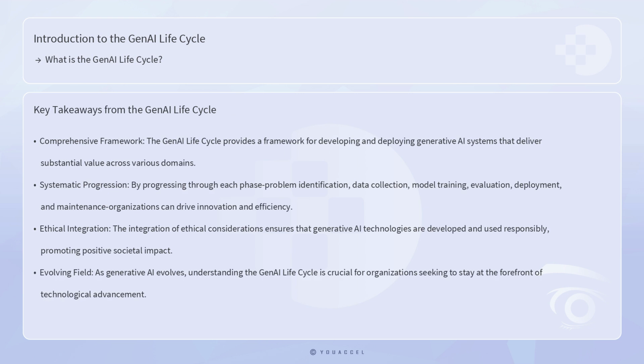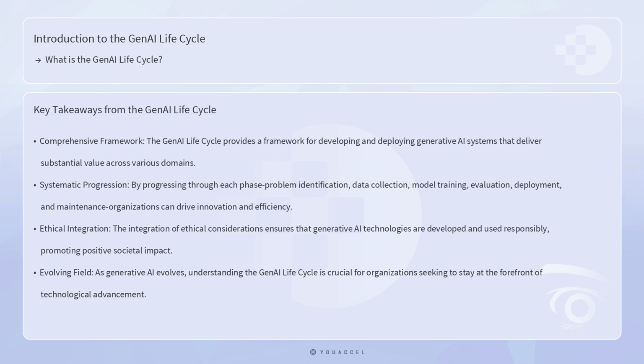In conclusion, the GenAI lifecycle provides a comprehensive framework for developing and deploying generative AI systems that deliver substantial value across various domains. By systematically progressing through each phase, problem identification, data collection, model training, evaluation, deployment, and maintenance, organizations can harness the power of GenAI to drive innovation and efficiency.